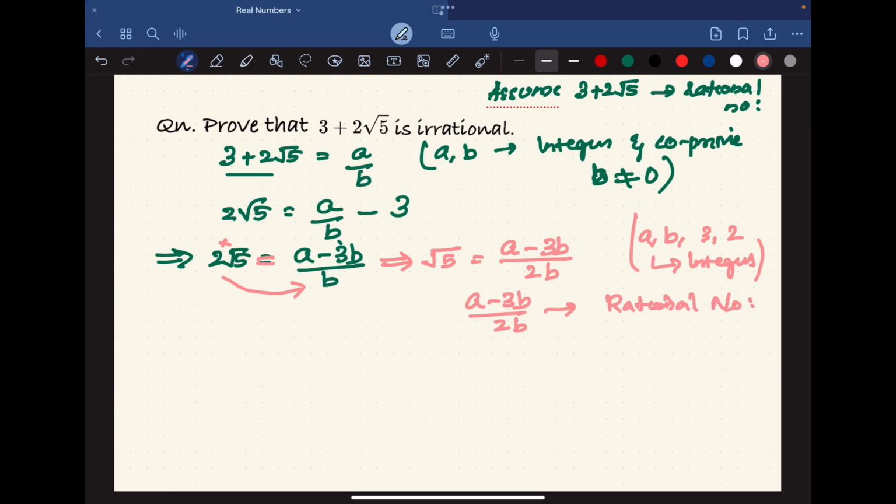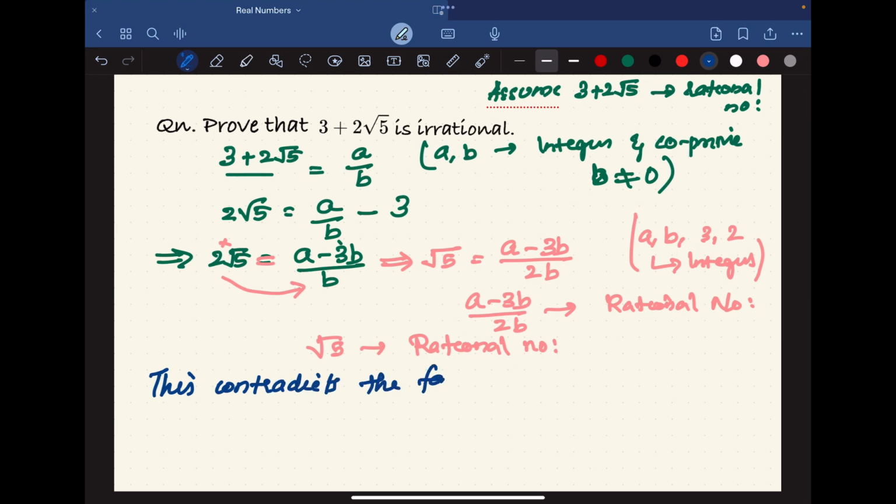So therefore, can I write root 5 is a rational number? And what can we conclude here? This contradicts the fact that 3 plus 2 root 5 is a rational number, right?